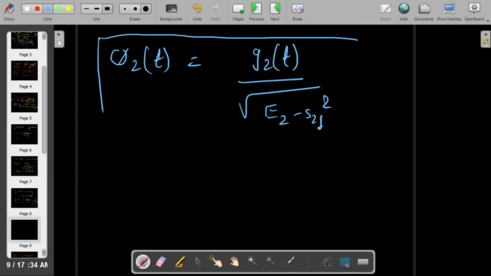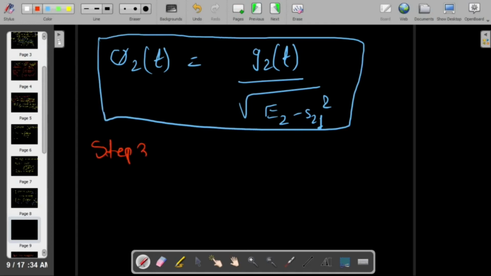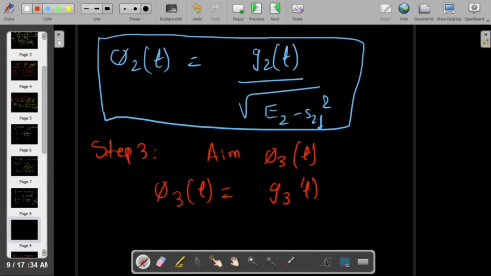Now can you similarly find phi 3? Yes, so let's try quickly. Step number 3: again the aim is to calculate phi 3 of t. Phi 3 of t will be given by the same thing, G3 of t. I am not going into further details because I am going to generalize this now. And what is G3? Can you write G3 alone?